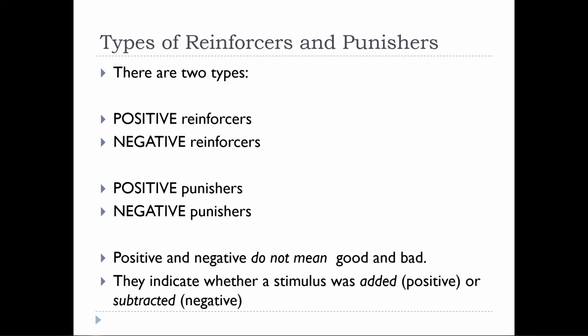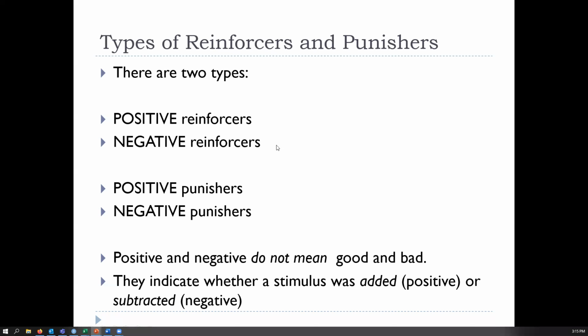Instead, they indicate whether a stimulus is added, which is positive, or subtracted, which is negative. They do not necessarily relate whatsoever to whether you think something is good or nice or bad. Colloquially it's sort of bad naming, because it makes you think that positive means something good and negative means something bad, but in reality, it just means whether you add something or take it away.